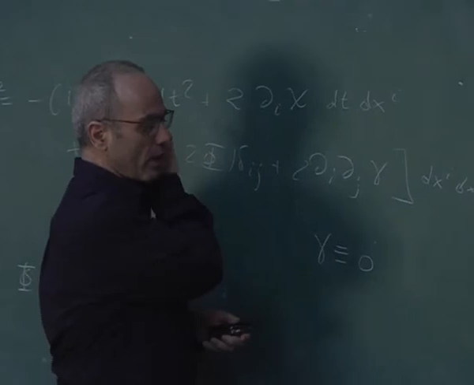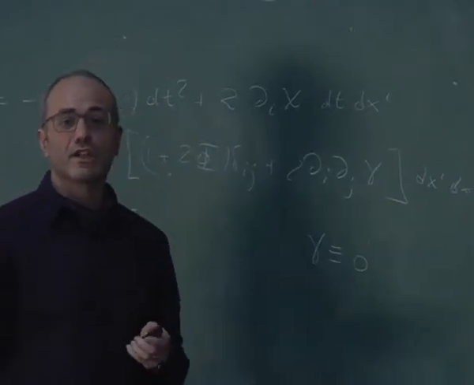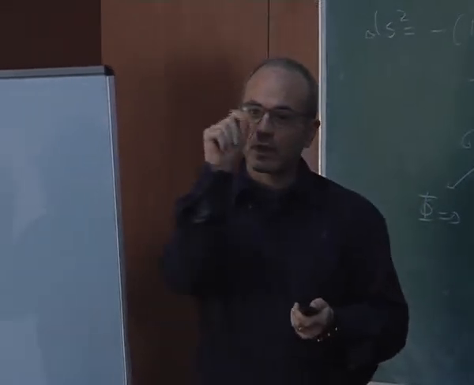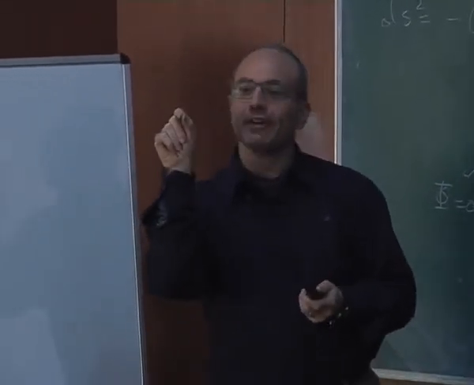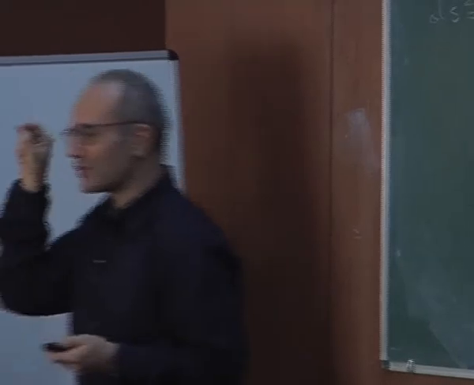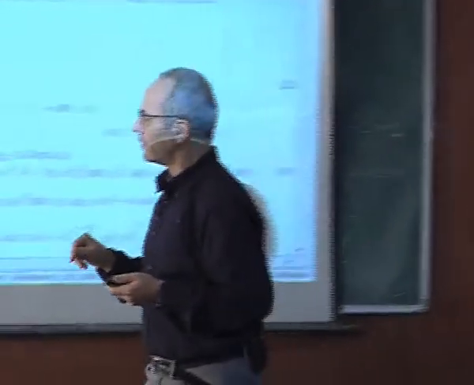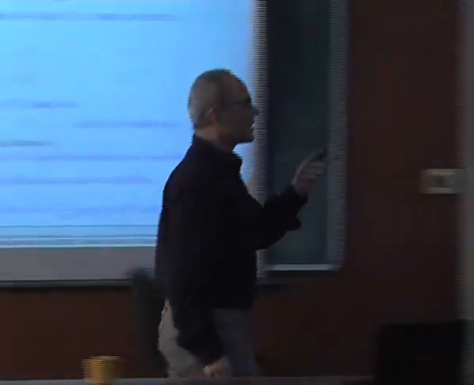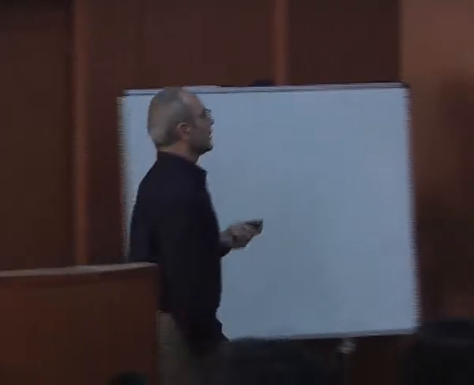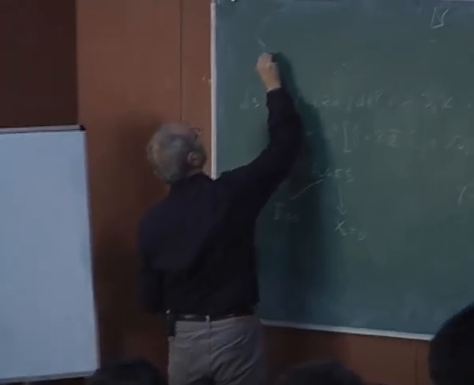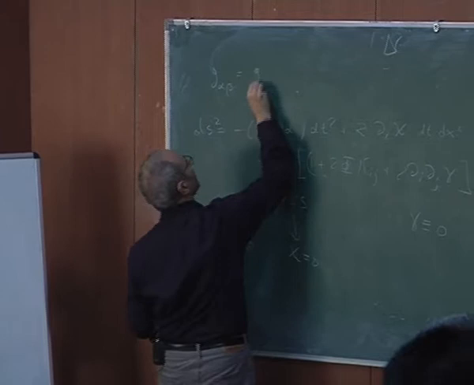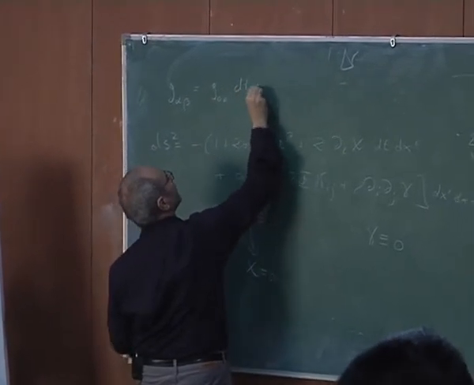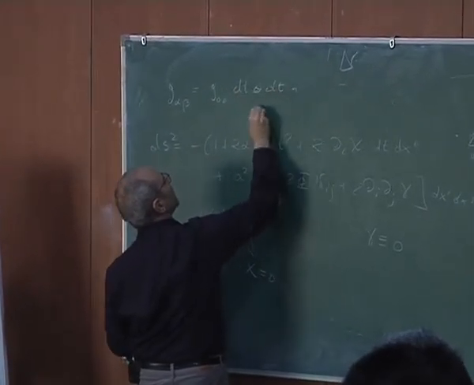Now this is ds squared. I am introducing there the g as a tensor, so the tensor will be dt tensor dt. Does it make sense what I'm saying? ds squared is a scalar, right? So I have to introduce g alpha beta as g00 dt dt plus and so forth.